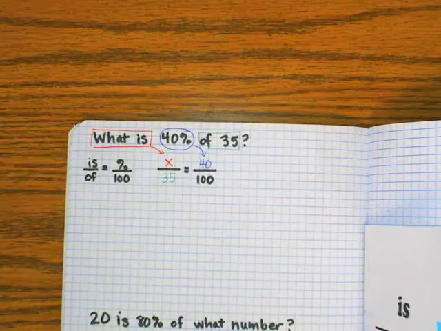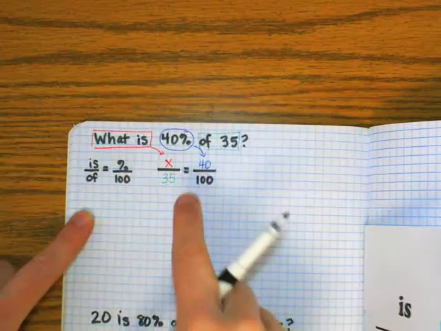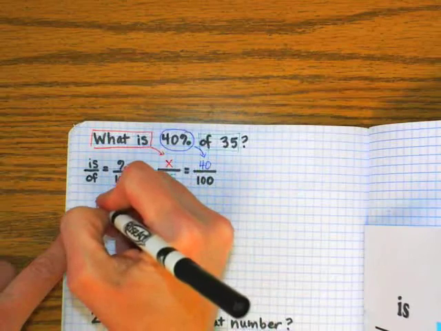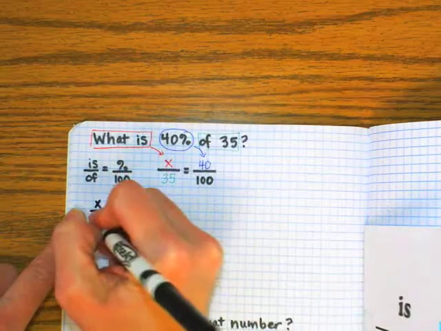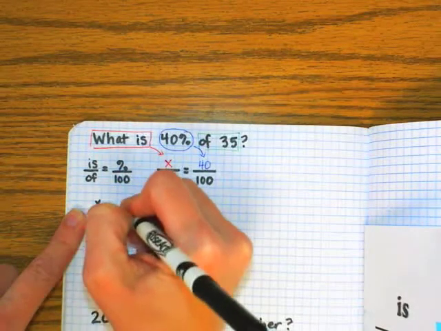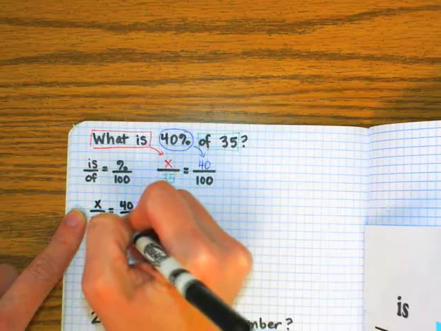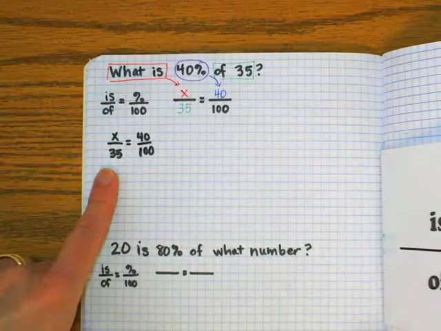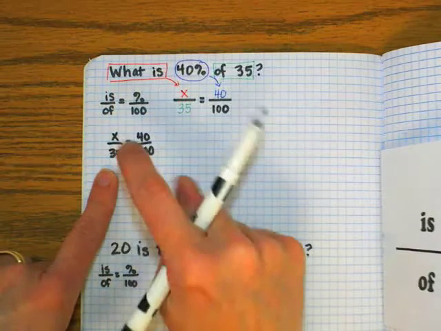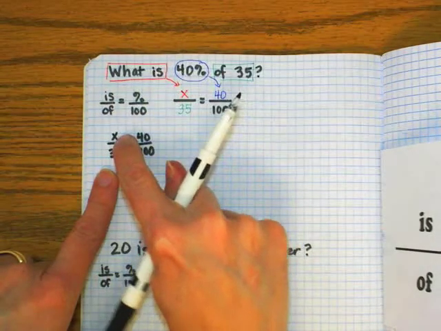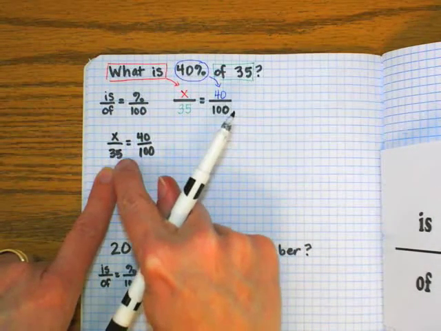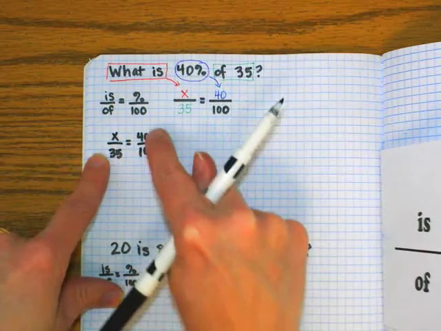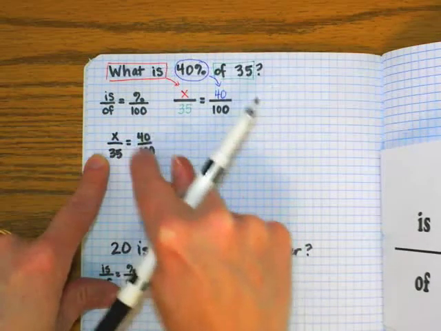So one is starting out with that equation. I'm going to rewrite it down here. And we're going to solve this step by step. So we have x over 35 equals 40 over 100, and we need to solve for x. And before we multiply both sides by 35 to get rid of that divided by 35 here, we need to simplify mathematically over here.